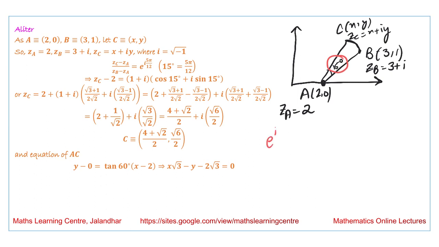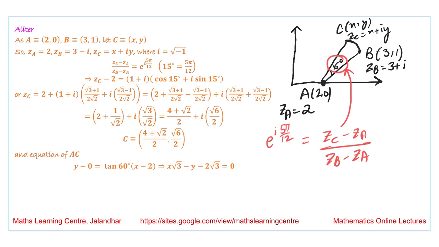So e raised to the power iota 15 degrees, we can write it as 5 pi by 12, is equal to (ZC minus ZA) over (ZB minus ZA). For this formula you can refer to the videos related to the geometry of complex numbers.